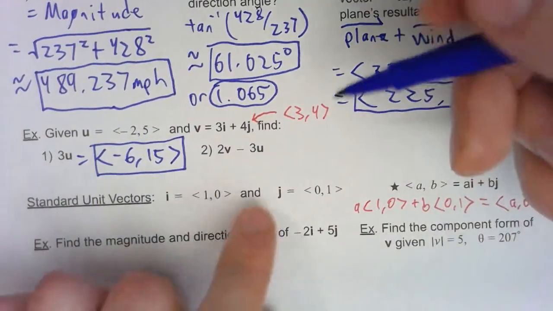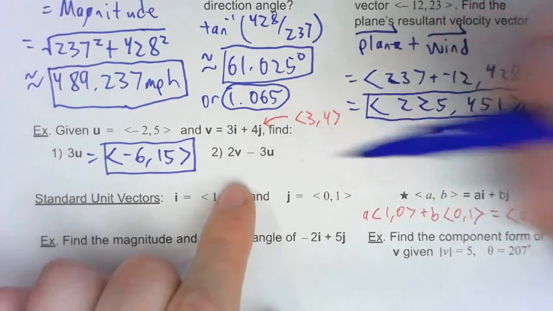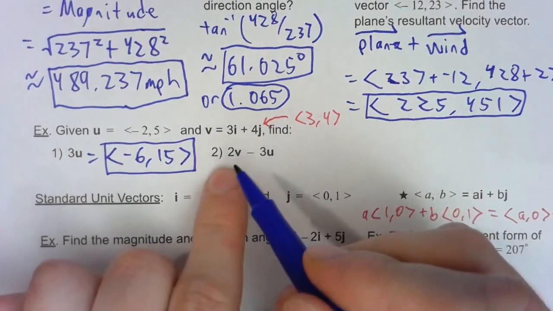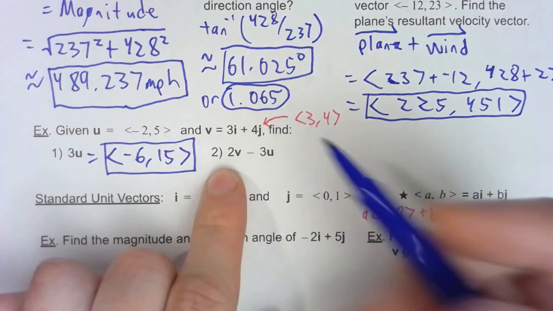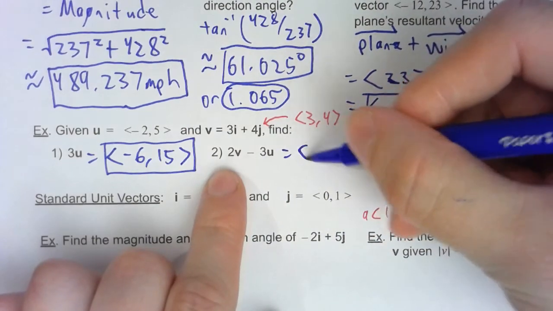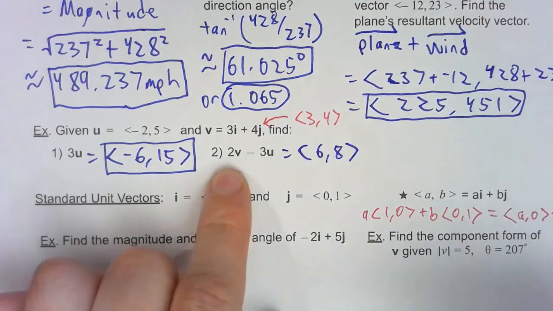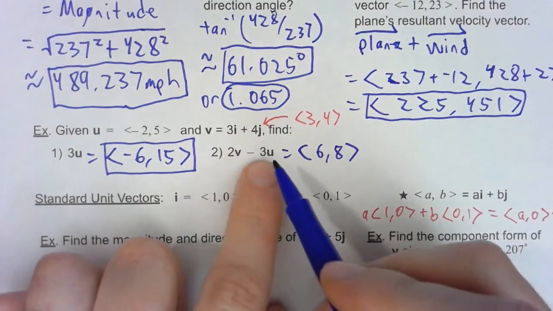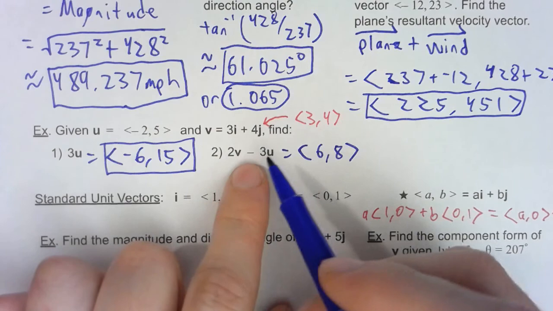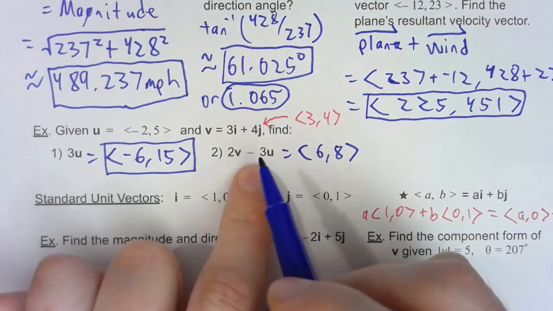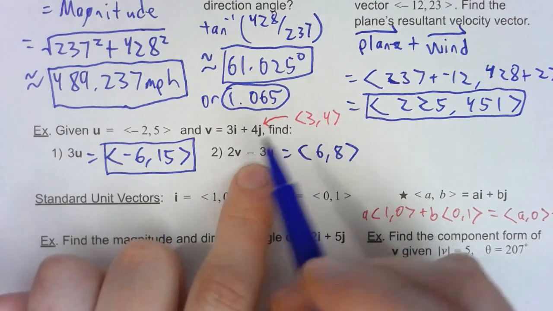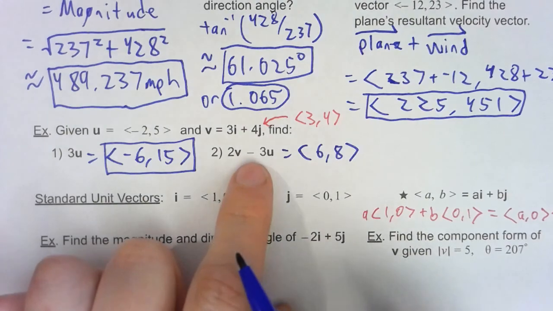That's it. So then to do what we're asking for here, 2v, just take the v and multiply it by 2. So we've got 6, 8. Because we wanted v first and then u second, watch out for that. And then for the minus 3u, you could multiply by 3 and then subtract, as long as you're careful with your subtraction.